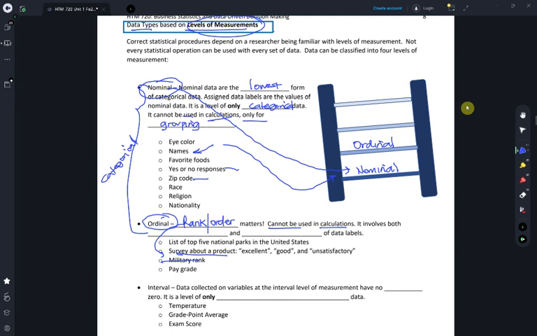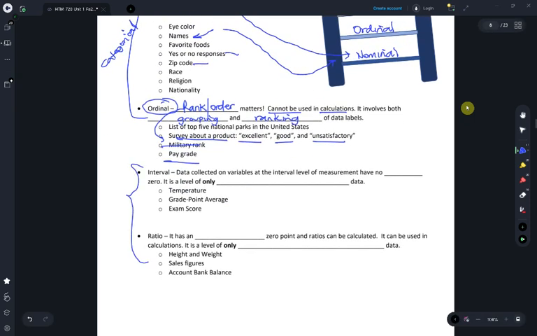Think about how you rate a product on Amazon. Is it excellent, good, or unsatisfactory? There is an inherent preference or ordering structure. What about pay grade? So, whatever data values you get from this, they cannot be used in calculations, but they can be used in both grouping and ranking at the same time.